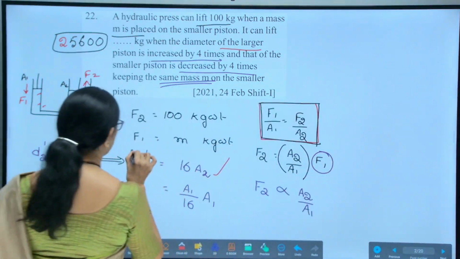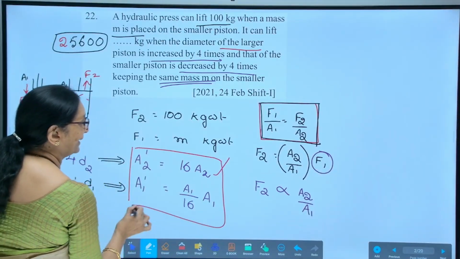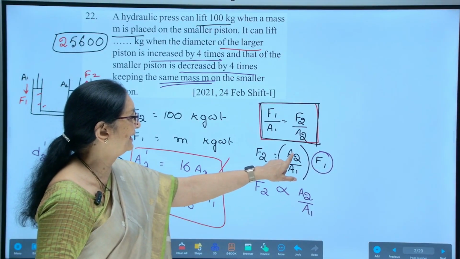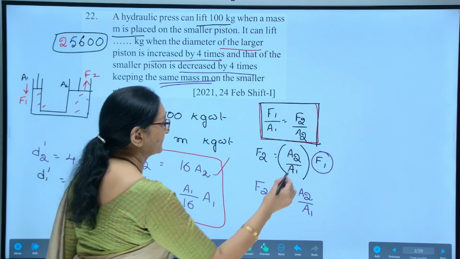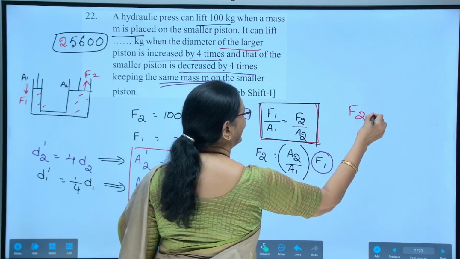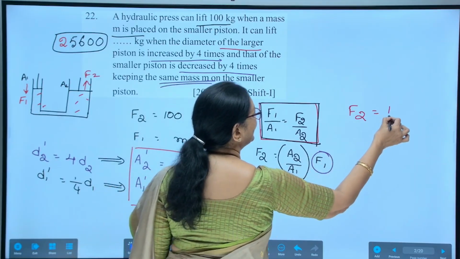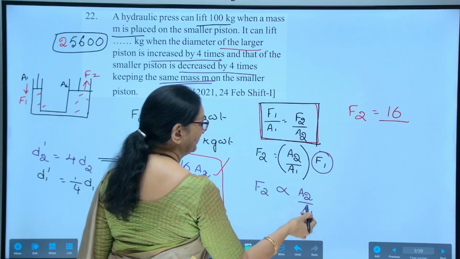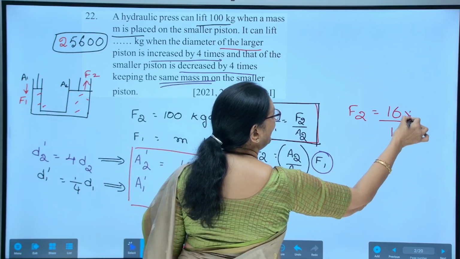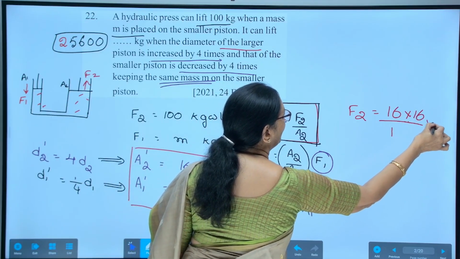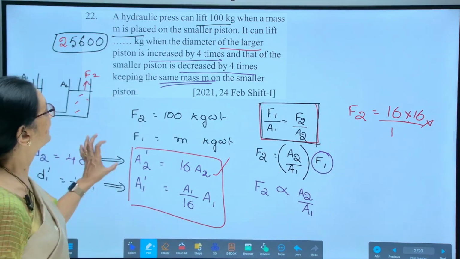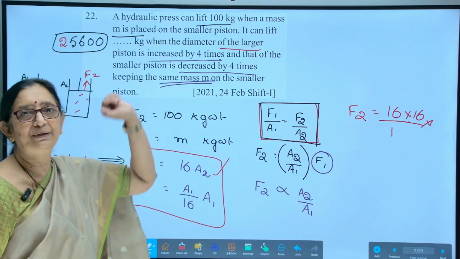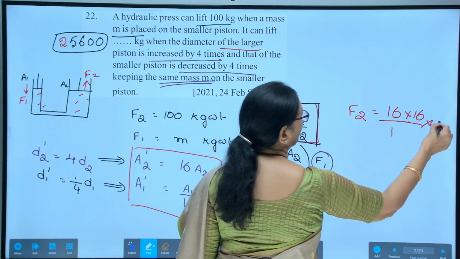So let us substitute these things. F2 is equal to A2 made 16 times the initial, A1 made 1 by 16 times the initial, into F1. The original lifting capability is 100 kg.